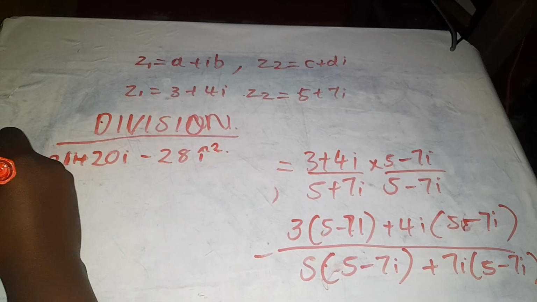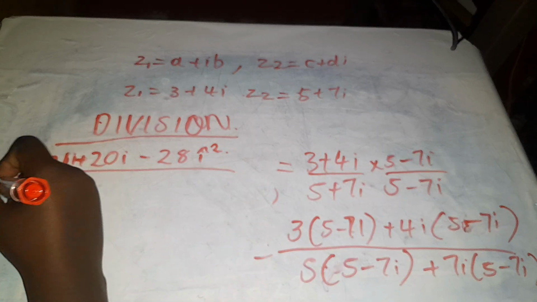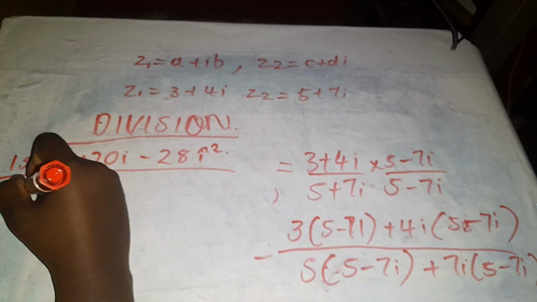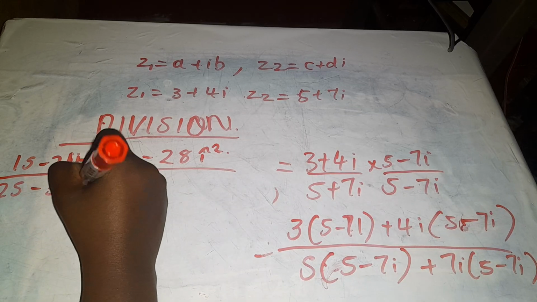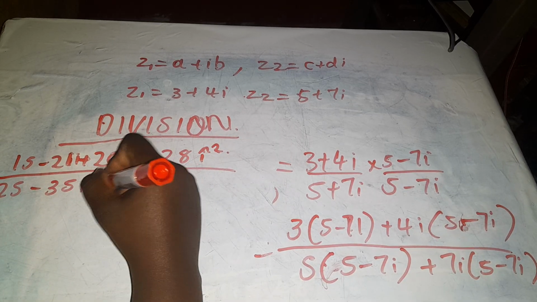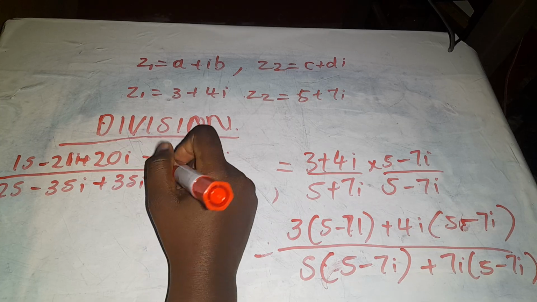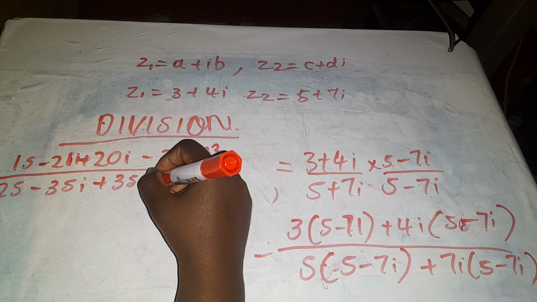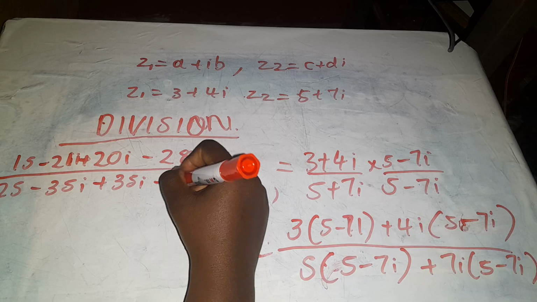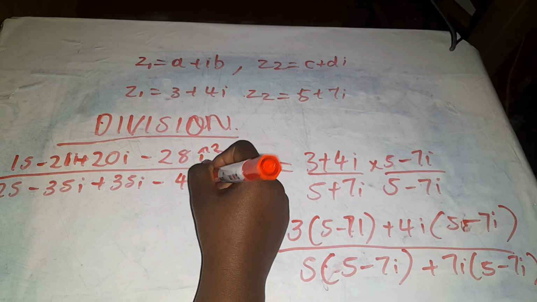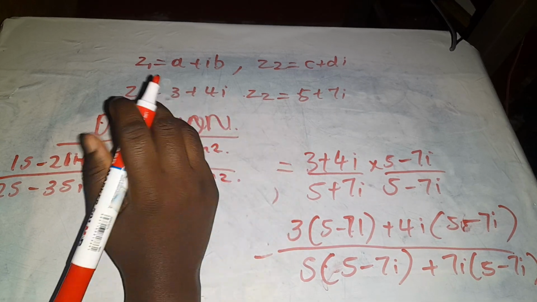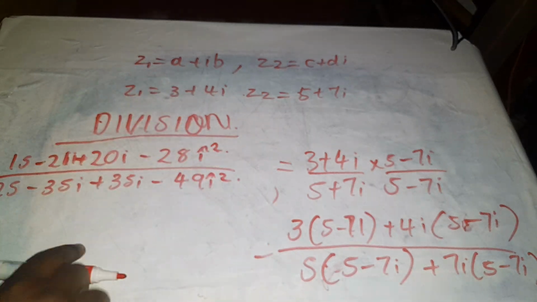Let us just write it first like that. Then you're going to have 25 minus 35i plus 35i minus 49i squared. I'm going to go slowly because I love slow things.